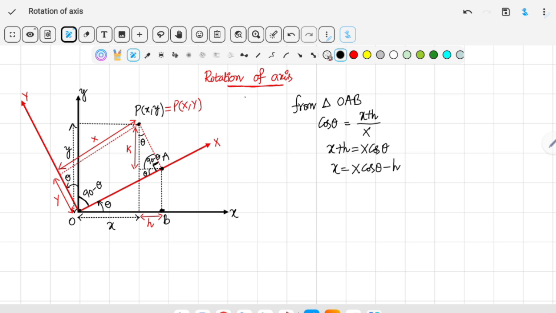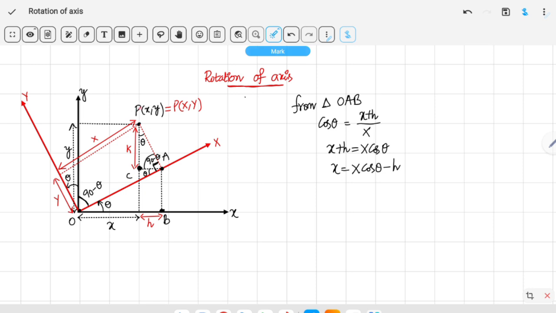We want to find that particular h value in terms of capital X or capital Y. As I want h, I am checking another triangle here. Let me consider this point as C. So this is the new triangle PCA.